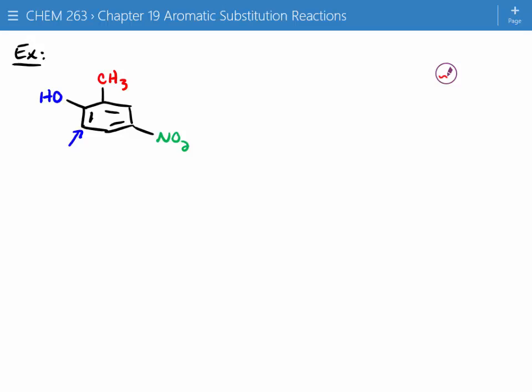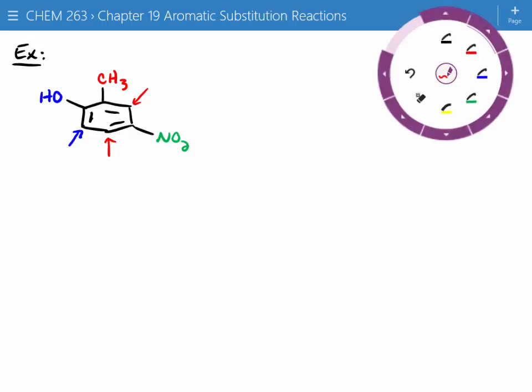Or wait, ortho-para. Because methyl groups are weakly electron donating due to hyperconjugation. Electron donating groups will always be ortho-para directors. So in this case, we've got an ortho position there. We've got a para position there, and then the other ortho position is blocked by the phenol, right?